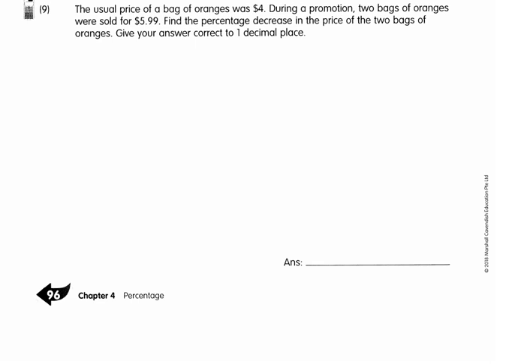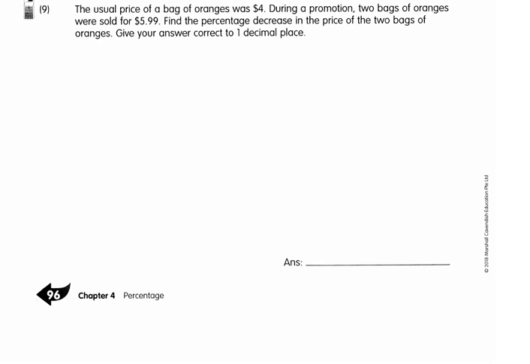Just now 1 bag was $4. Now during a promotion it's 2 bags for $5.99. Find the percentage decrease in the price of the 2 bags of oranges. In order to compare, of course, we need to compare 2 bags of oranges at the usual price versus 2 bags of oranges at the promotion price.